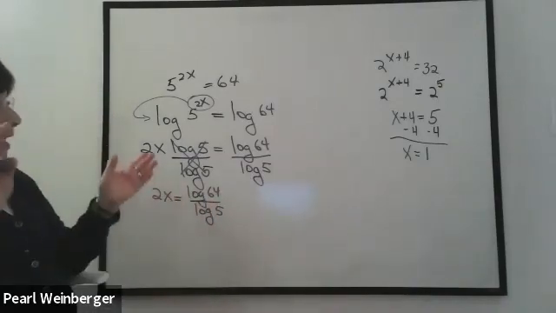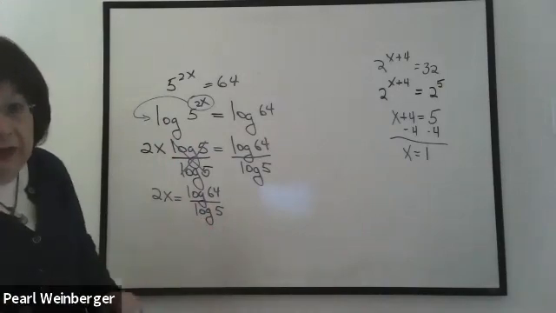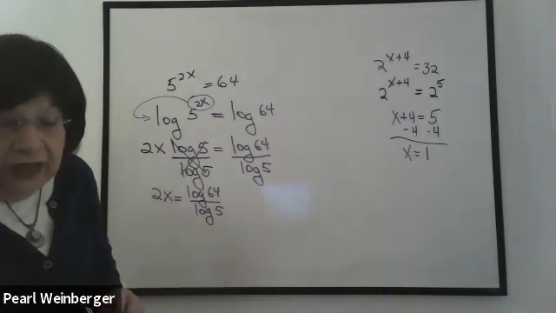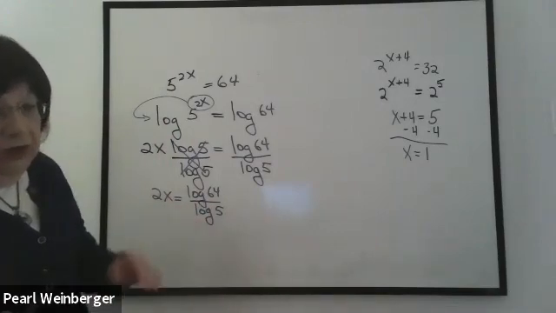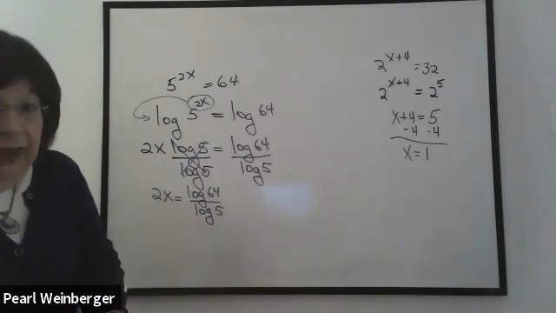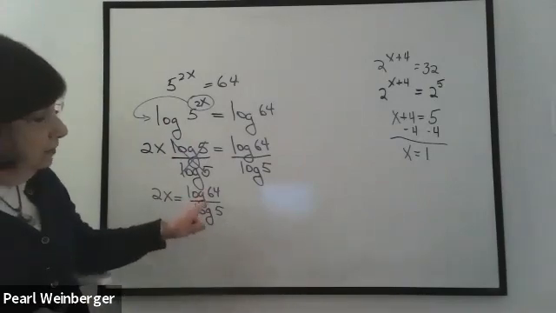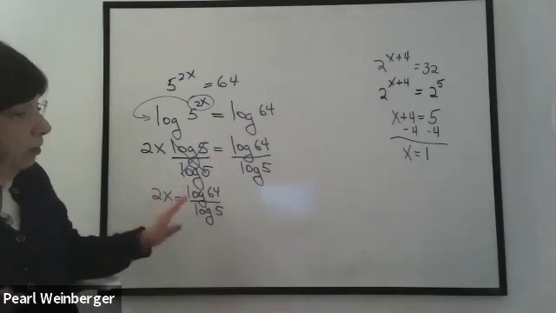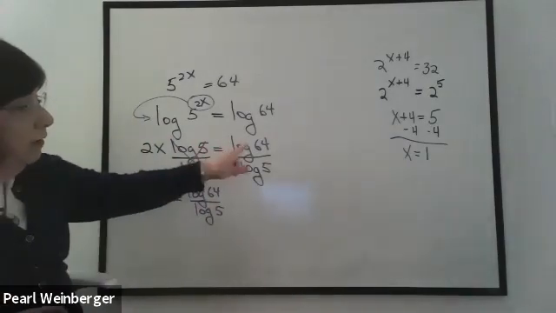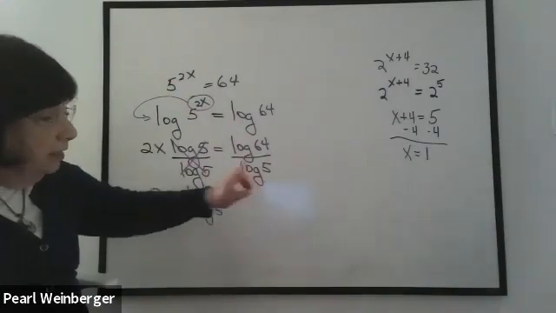Now, if you notice, I did not do log base 5. I didn't even put a base here. But if you recall what we said on Tuesday, this is not a mistake. When I write the word log and I don't have a base in it, it's understood that it's what we call a common log, and the base is 10. So plain log is telling me the log base 10 of 64 divided by the log base 10 of 5.